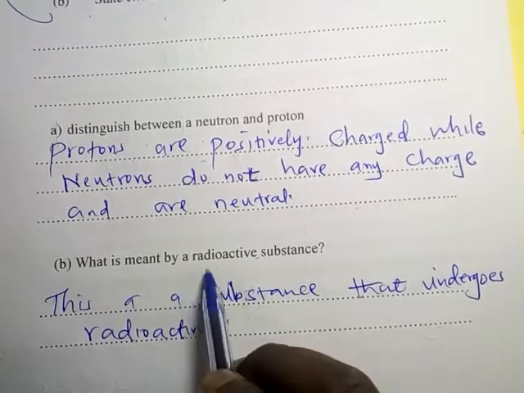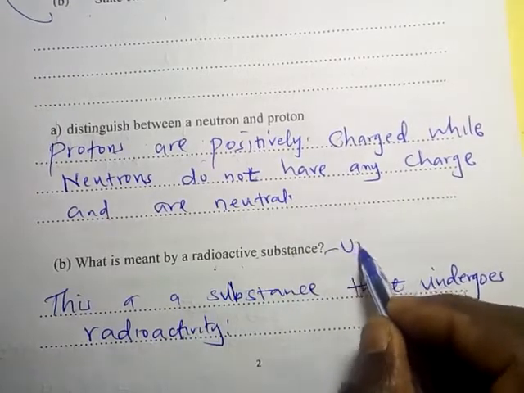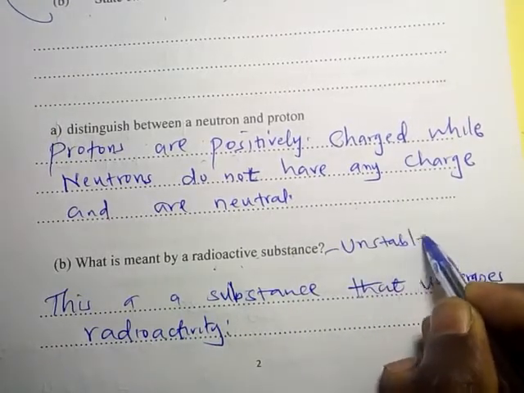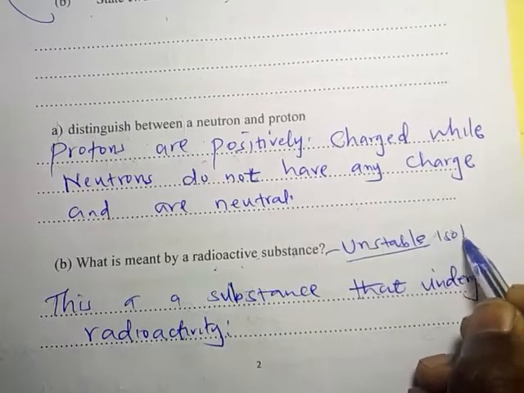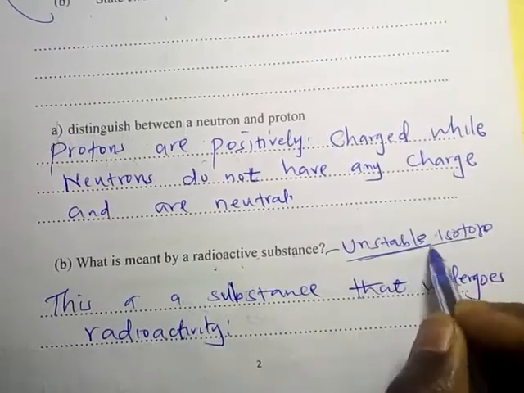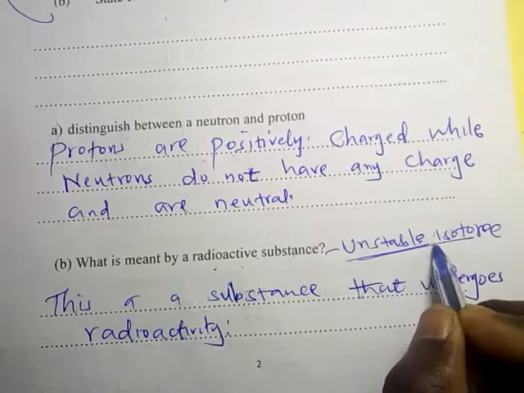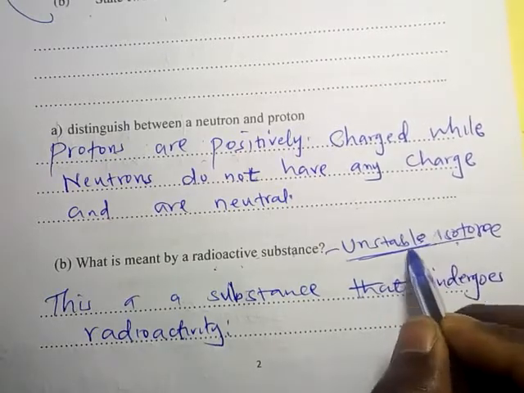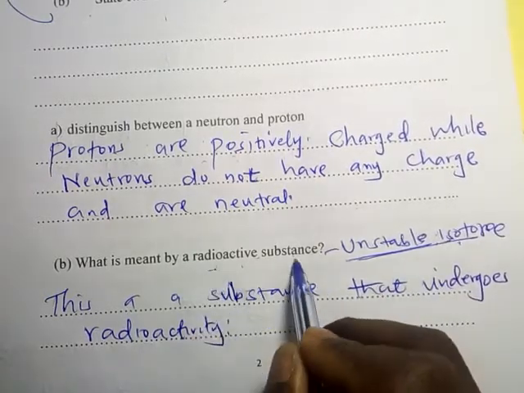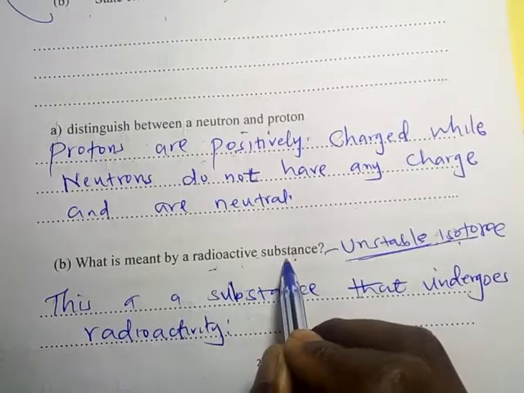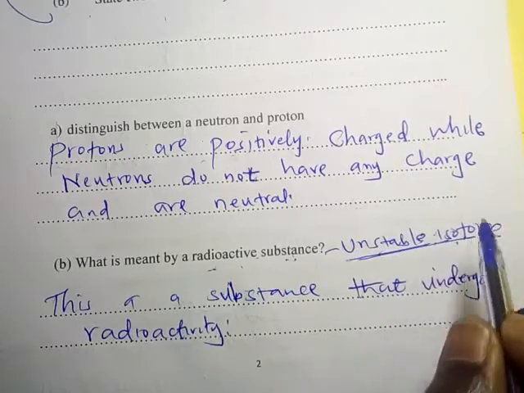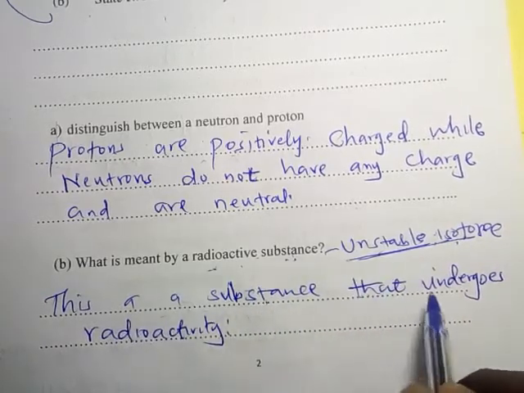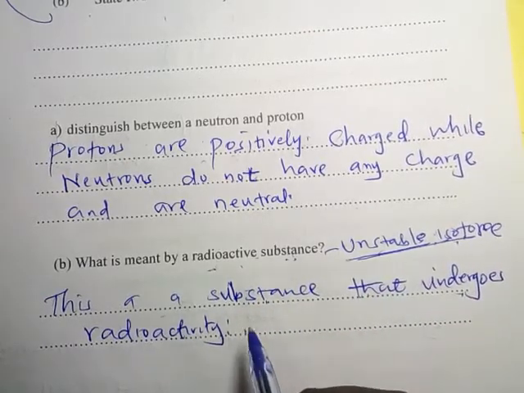In other words, say that a radioactive substance is an unstable nuclide or isotope. An unstable isotope is able to undergo radioactivity because it is unstable, therefore it is radioactive. So a radioactive substance is an unstable isotope which is ready to undergo radioactivity.